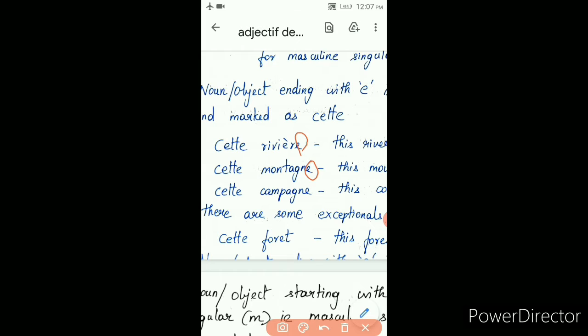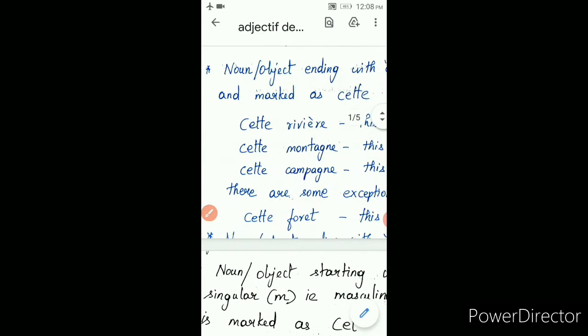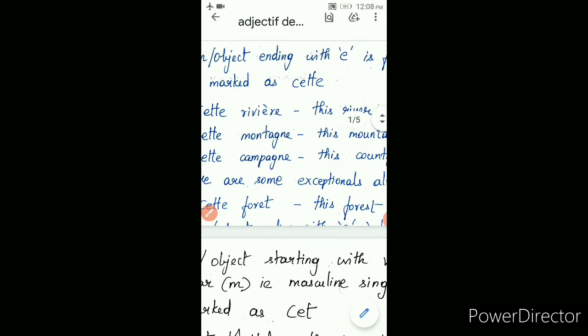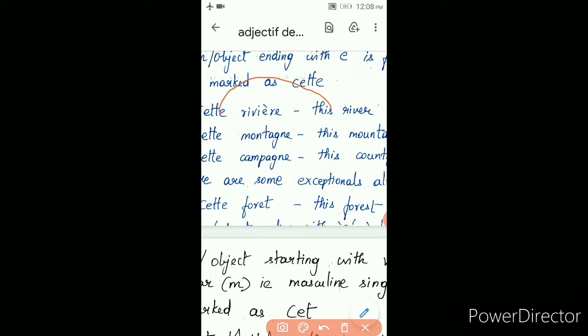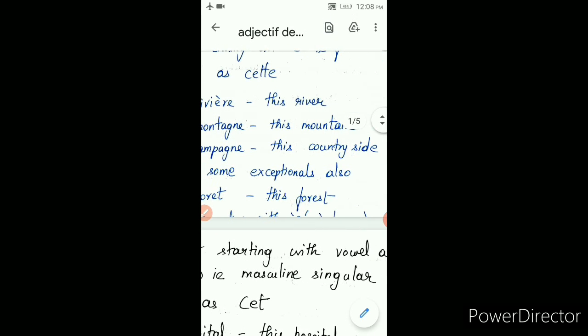All those ending up with e are feminine singular and should be marked as cette. And the meaning for this cette is this. Cette rivière, this river; cette montagne, this mountain; cette campagne, this countryside.